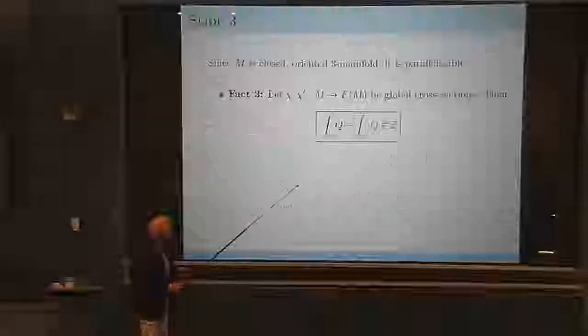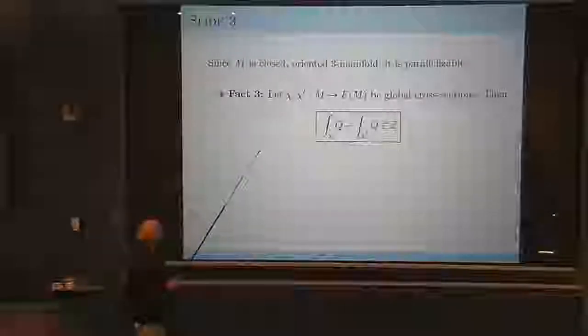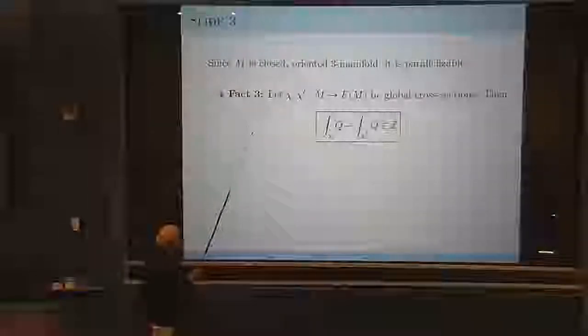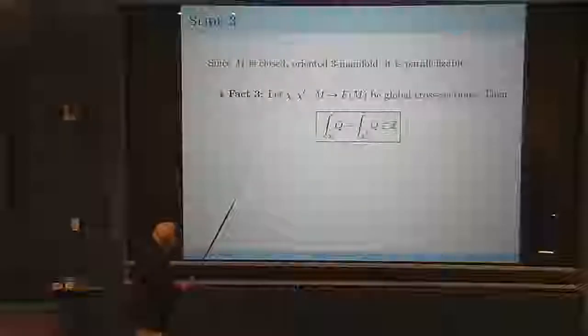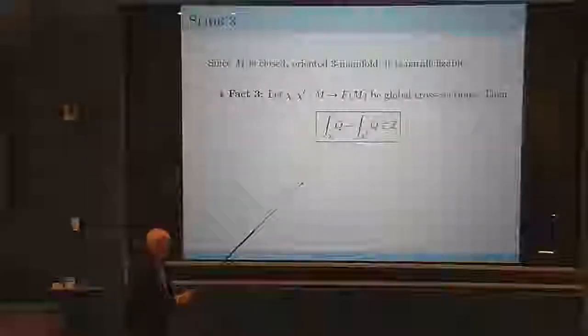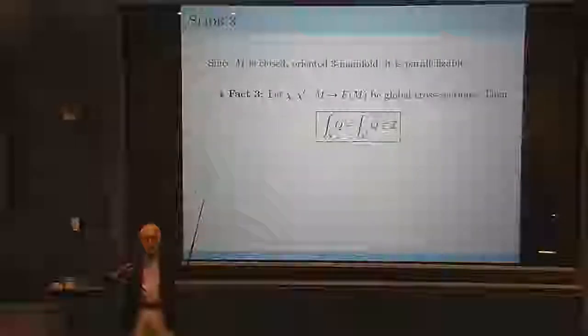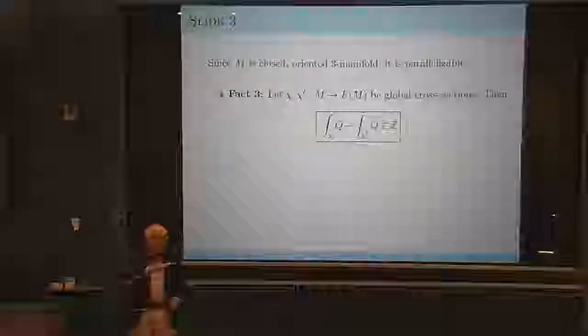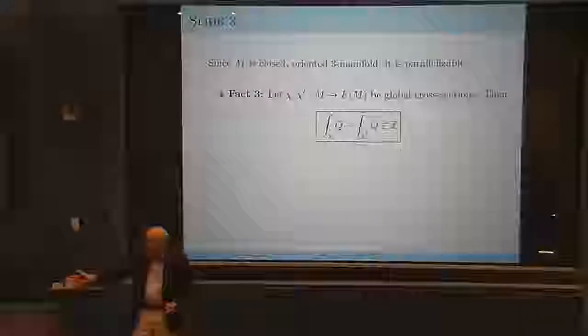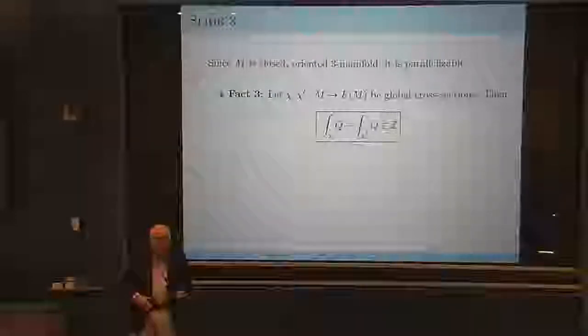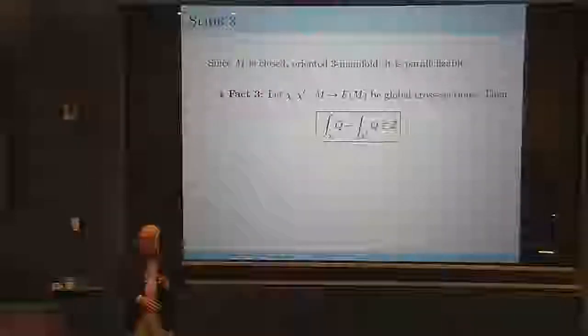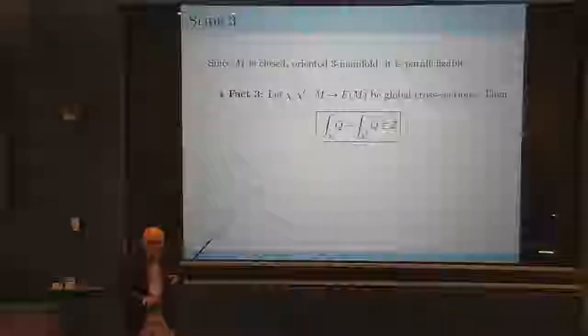So now, what does it say? Since M is closed, it's a closed 3-manifold, it's parallelizable. That means you can find 3 independent tangent vectors at every point smoothly over the manifold, and they can be a frame, an orthonormal basis at every point.